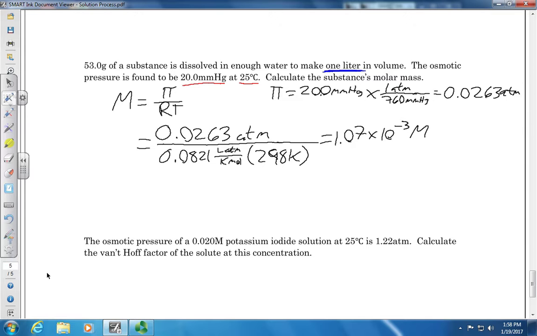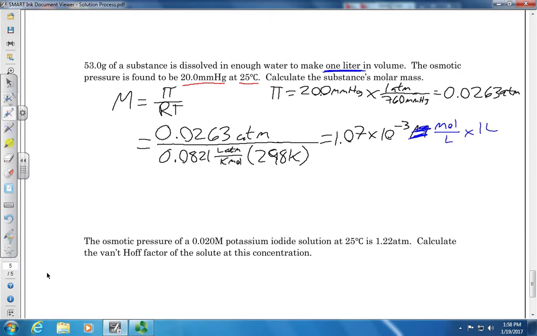Recall that we're dealing with 1 liter. And we can rewrite molar as moles per liter. And if we only have 1 liter, then our liters cancel out and we're left with 1.07 times 10 to the minus 3 moles.